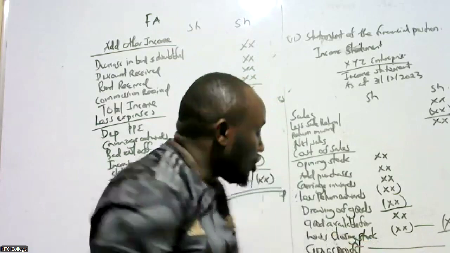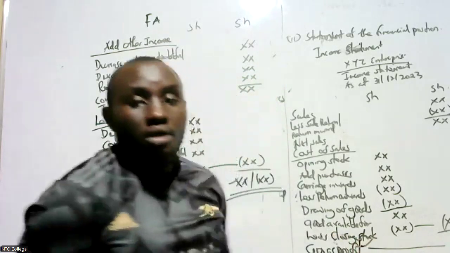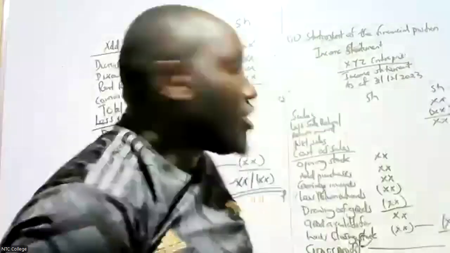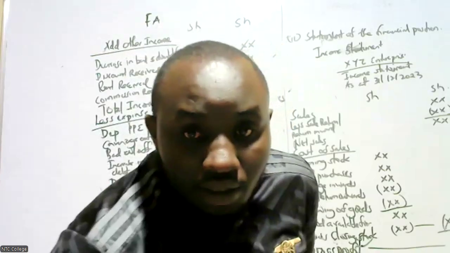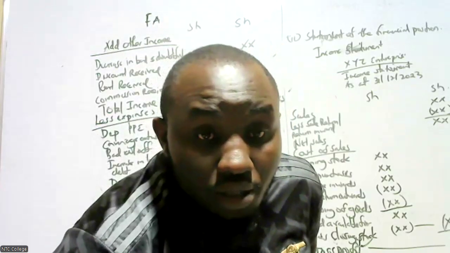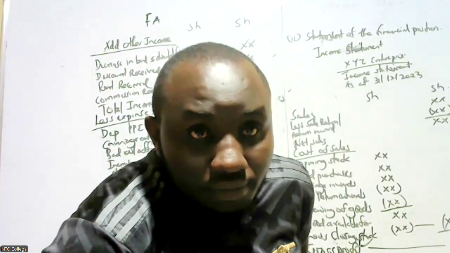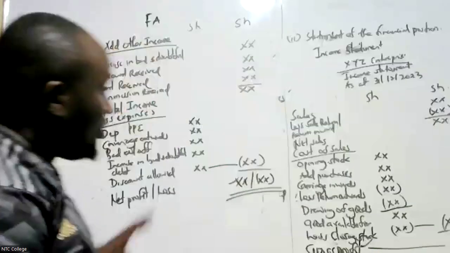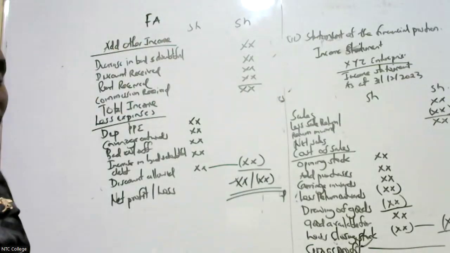That is what I wanted to know because I can't see the furthest side of the board. That is the gross profit. Are you able to see it? You are together with me now? Yes, I've understood. Perfect. So is there anybody who has a question before we go to the format?